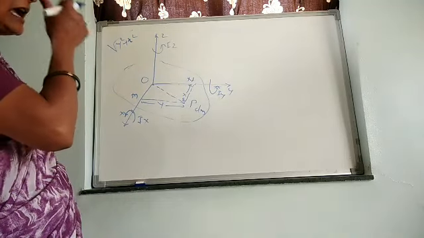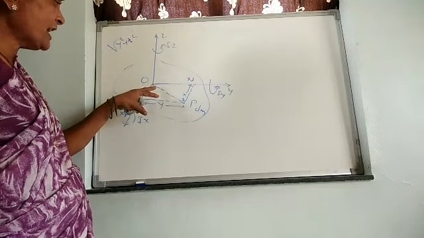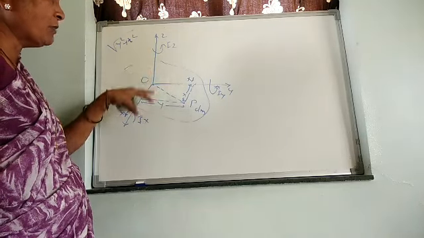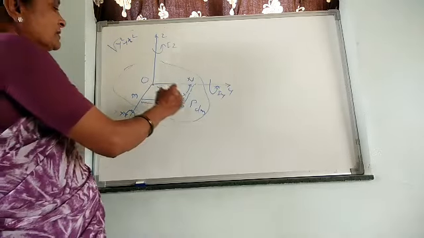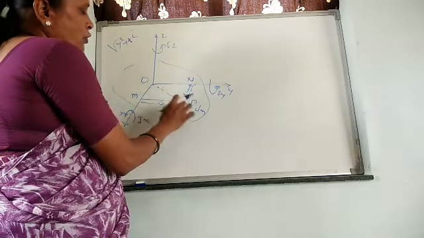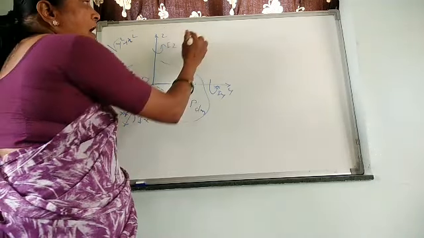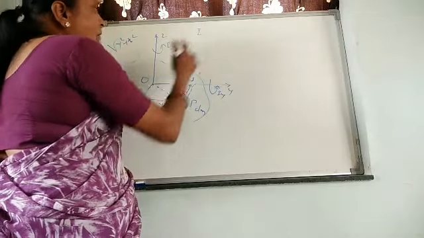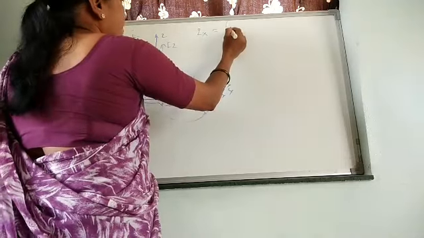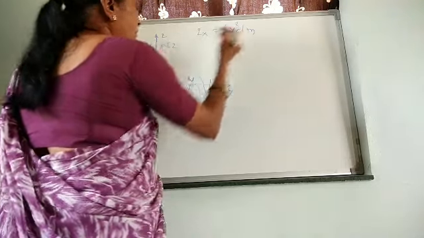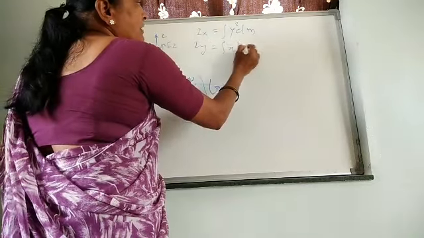As we said, Ix, Iy and Iz are the moments of inertia about the x, y and z axes. We want to find the moment of inertia about the perpendicular axis, that is Iz. Here OP square dm gives the moment of inertia about the z axis. The moment of inertia about the x axis is Ix, equal to the integral of y square dm. The moment of inertia about the y axis is Iy, equal to the integral of x square dm.